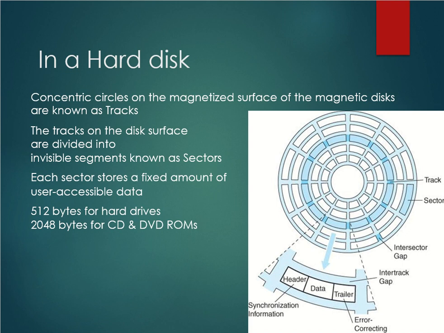In a hard disk, it uses this kind of a pattern to store data. The hard disk will be divided into tracks, then into sectors, and in each sector there are three parts: header, data, and trailer.